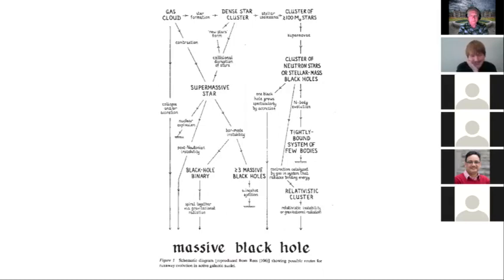I think the most exciting thing would be if you had an interaction between, say, one that's collapsed to a black hole and the other that maybe is still a star. I think it would be very exciting to have supermassive X-ray binaries. Otherwise, I'm not immediately sure offhand. But it's a very, very interesting direction for future research. That's why I love this diagram. There are so many different directions you could go.